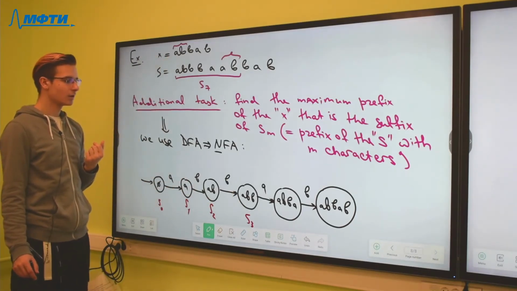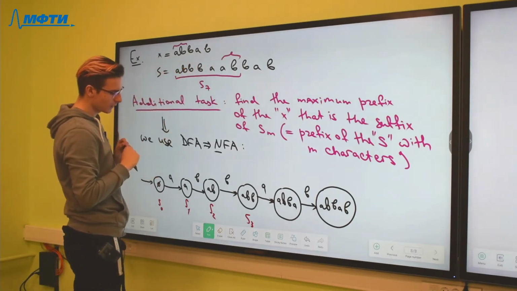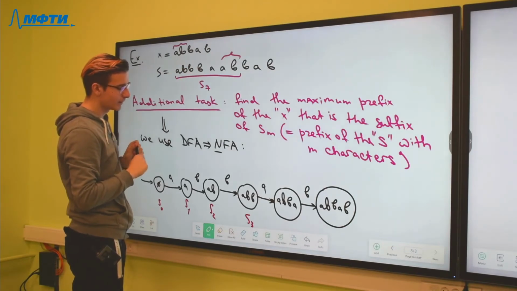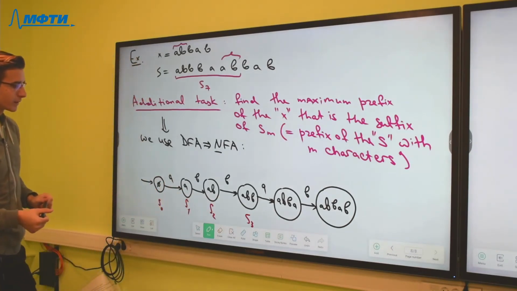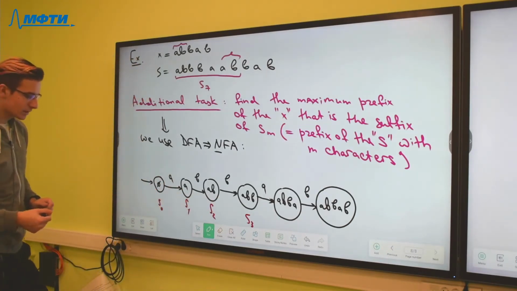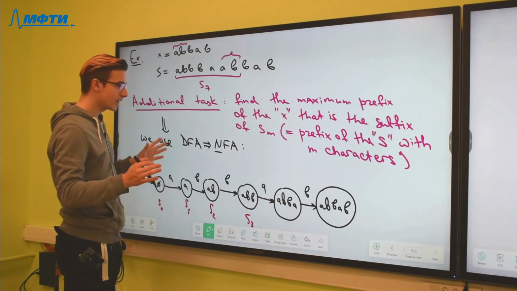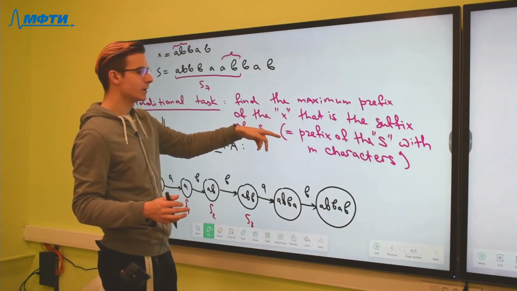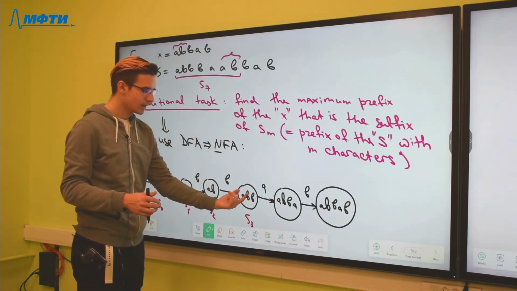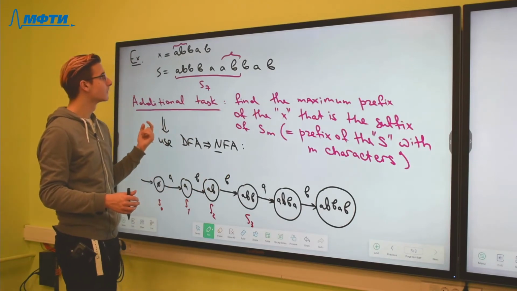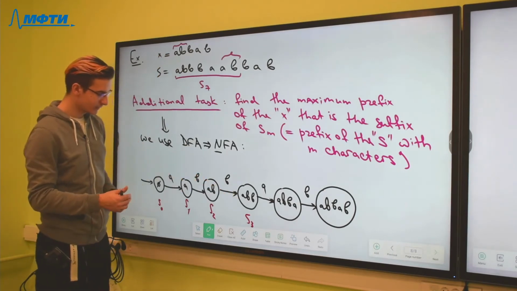because if we can't find a prefix of x equal to A and then 3 characters B, then it means that the maximum prefix of x is less than this prefix. And it means that we can find the maximum prefix of x that is the suffix of this prefix.